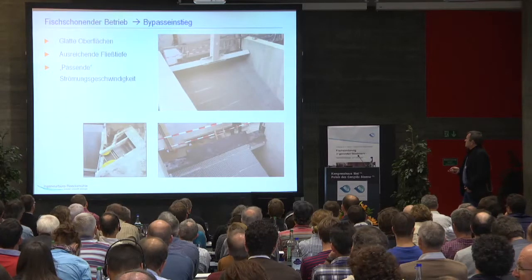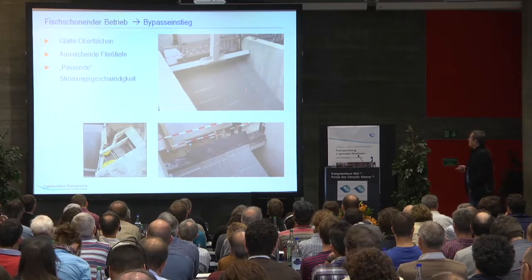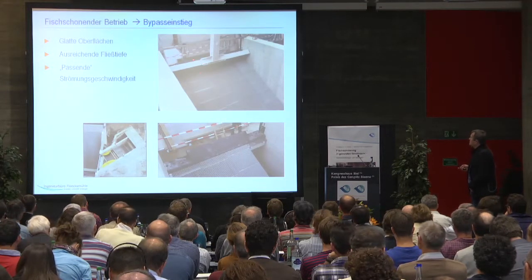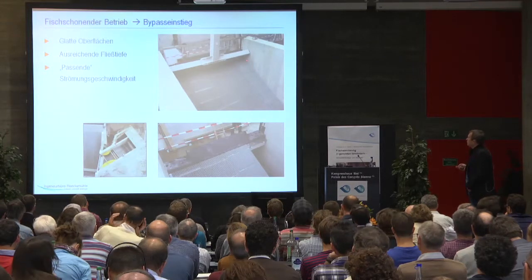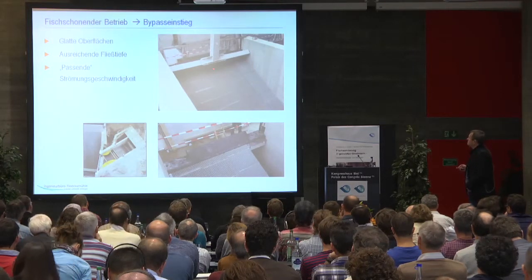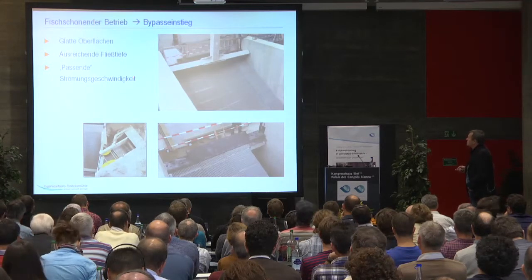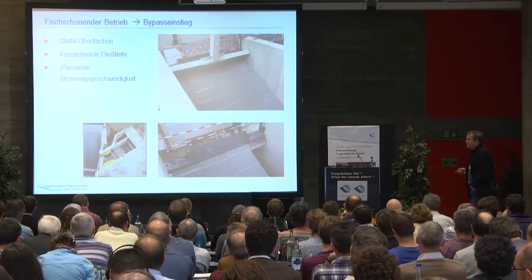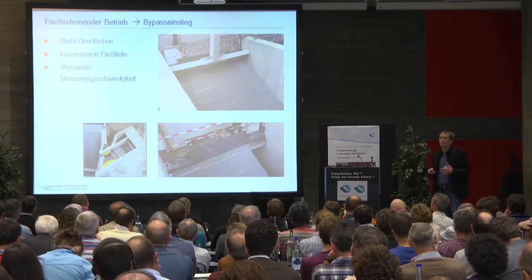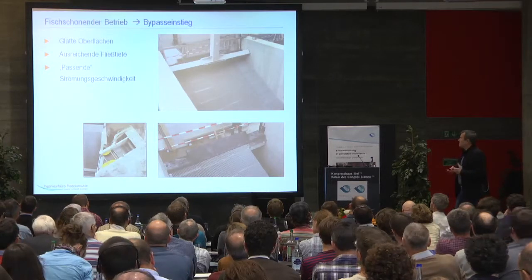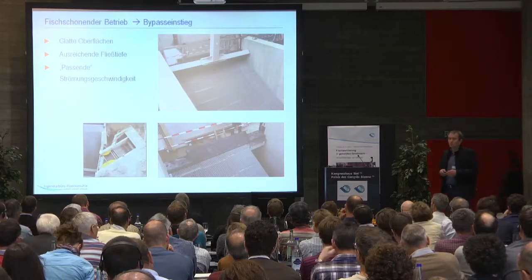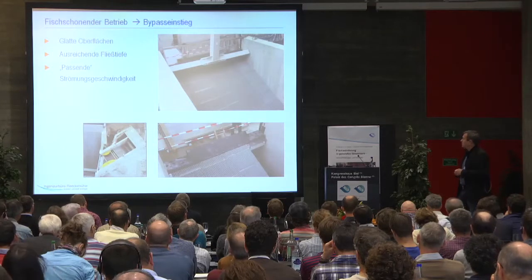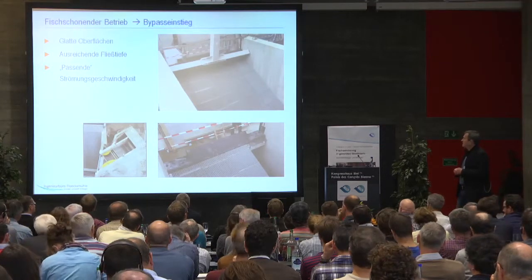And generally, in the area of these entry sections into the bypass, you must make sure that the surfaces are smooth, that the water depth is sufficient, and that we have the right flow velocity. I wrote adequate flow velocity here because we still don't have reliable data on what is the right flow velocity, and this is something we will have to take a closer look at in the next few years.